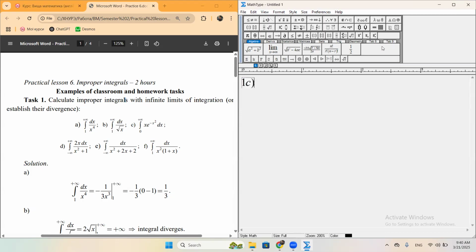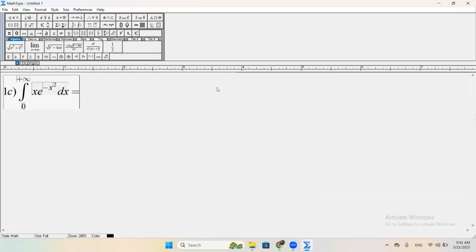1c. Integral from 0 to plus infinity of x times e to the power of minus x squared dx. Let's use the differential entry technique.